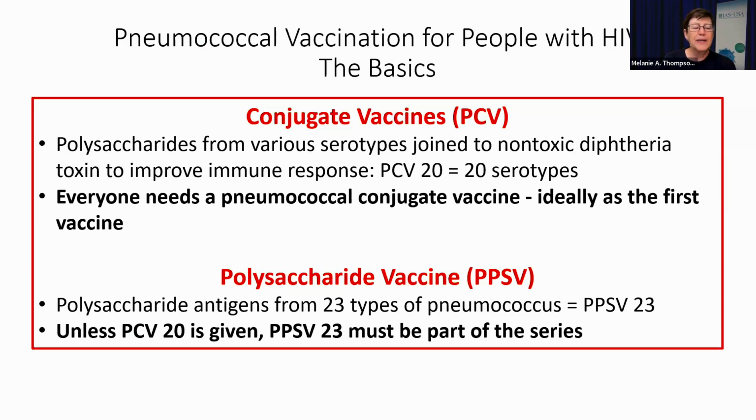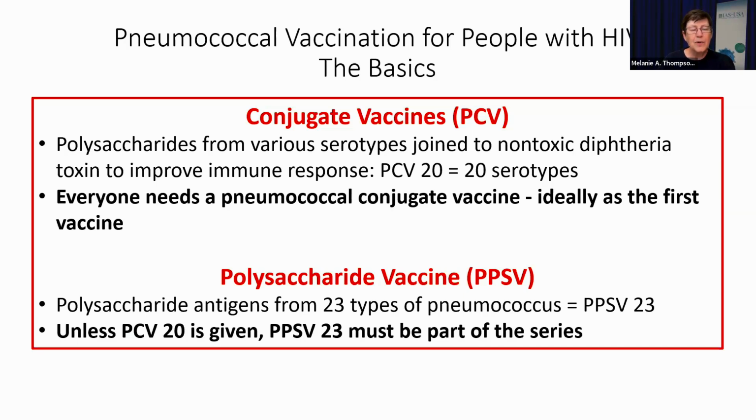Now, everyone needs a pneumococcal conjugate vaccine, and ideally this would be their first vaccine. For the polysaccharide vaccine, we really only have one that we use, and that is PPSV23. And this takes polysaccharide antigens from 23 different types of pneumococcus.